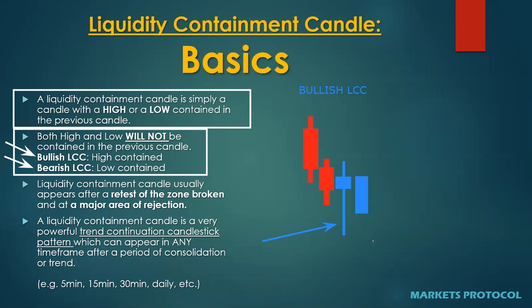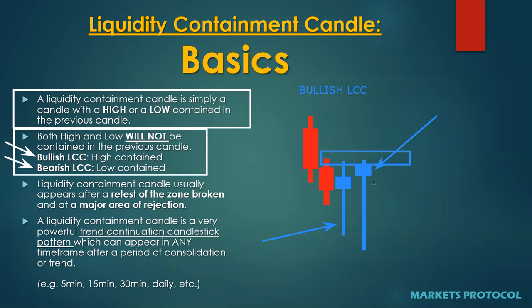If the next candle goes down, breaks the low of the previous one, but ends up closing bullish without breaking the high of the previous one, then this is called a liquidity containment candle. What we are seeing here is that the high of the previous candle is not broken, but the low is broken.